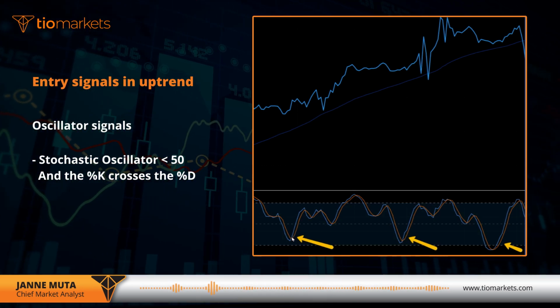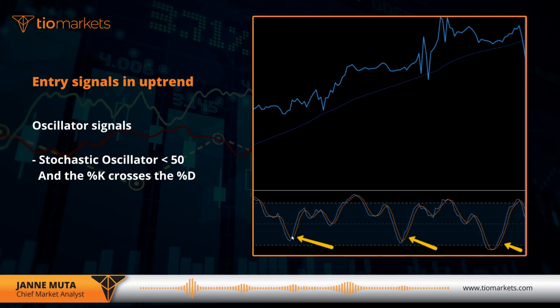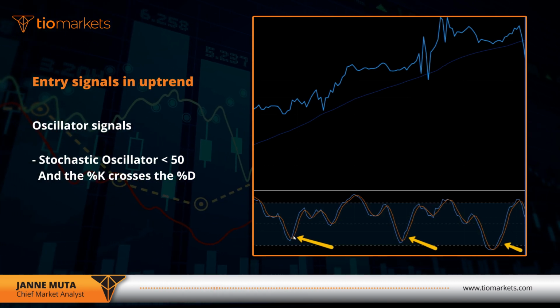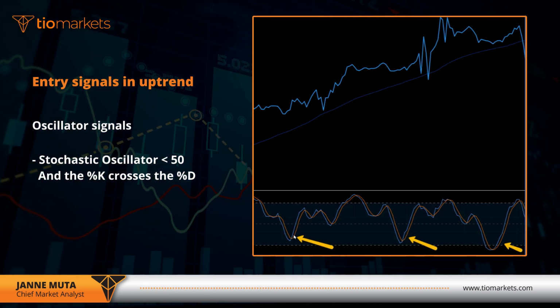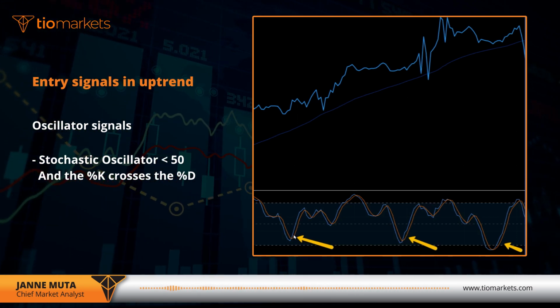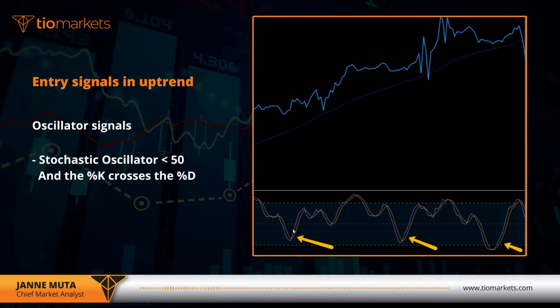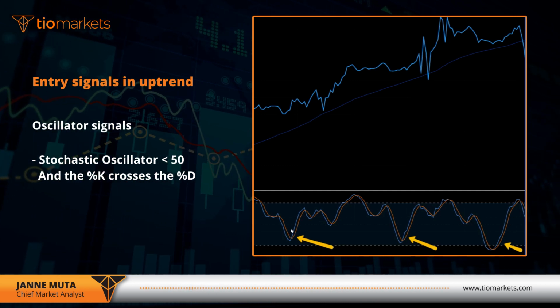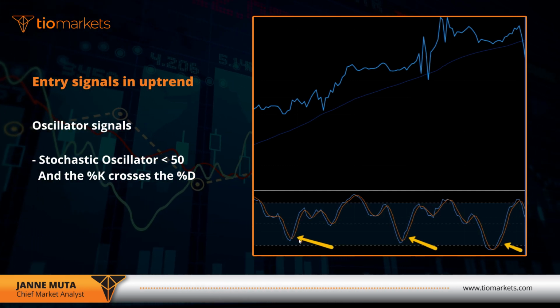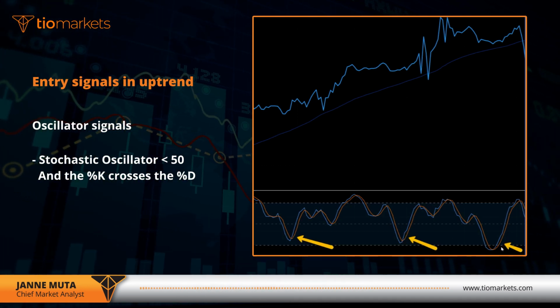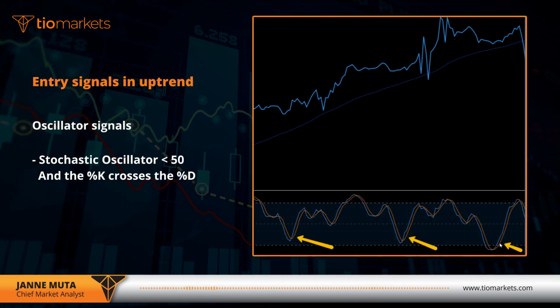I think the settings here were 10, 3, and 3 if I'm correct, but you can try other settings for the stochastics. You can try 7, 3 and 3, or 7, 5 and 5, etc., and see what works in the market that you want to trade. So when you have these signals in an uptrend, those could be very valid buy signals.